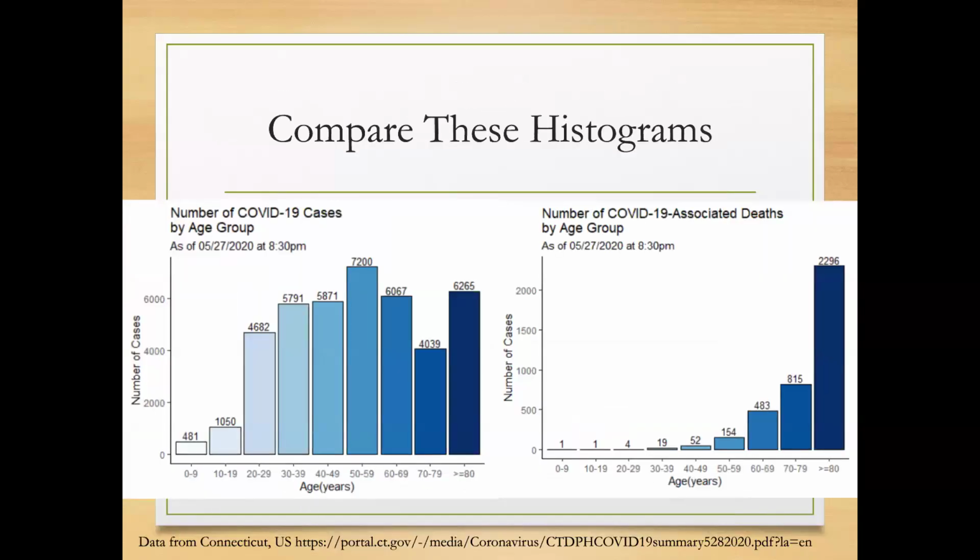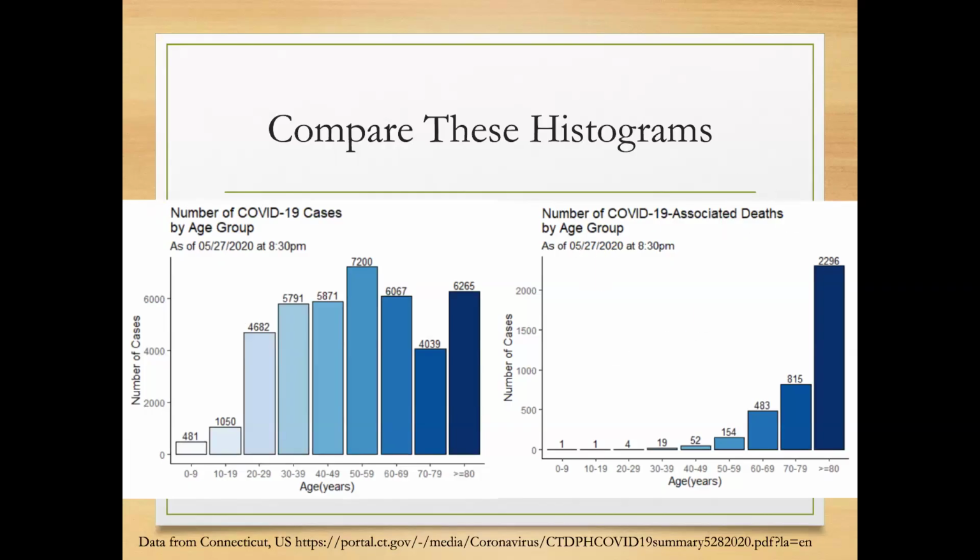All right, our last example here is to have you compare the histogram on the left-hand side and the histogram on the right-hand side. I'm going to give you a minute to look at them. Look at what they're graphs of. So the title's up here, cases of COVID-19 and deaths of COVID-19.